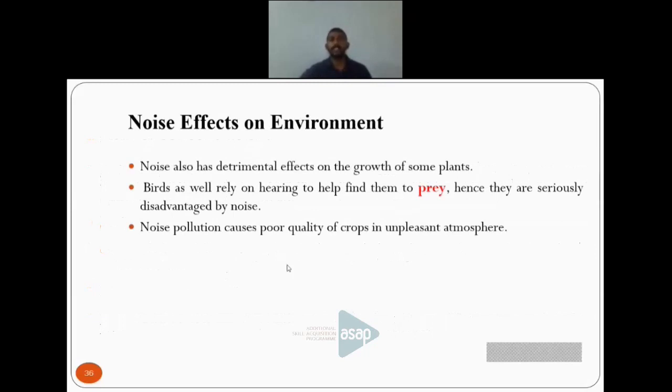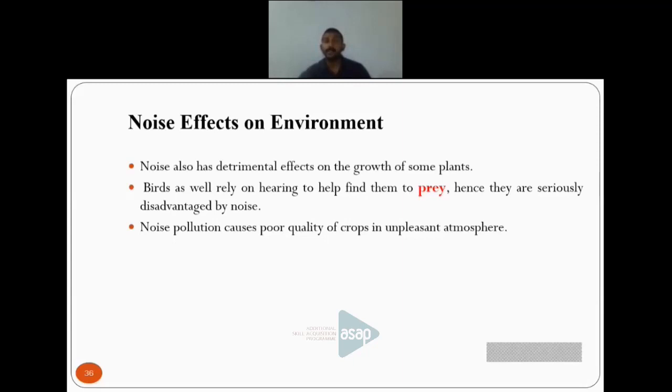Next, let's move to noise effects on the environment. Noise also affects growing plants. Like humans, they need a pleasant, calm environment, so that the productivity of the crops will increase. It has been found that the growth of some plants is deteriorated because of higher noise exposure.